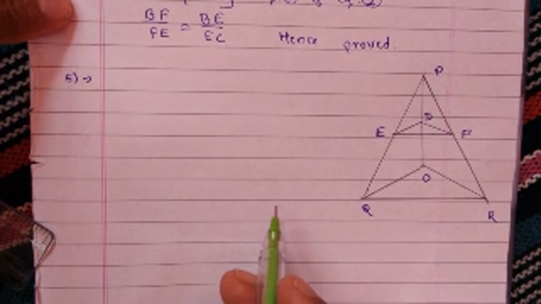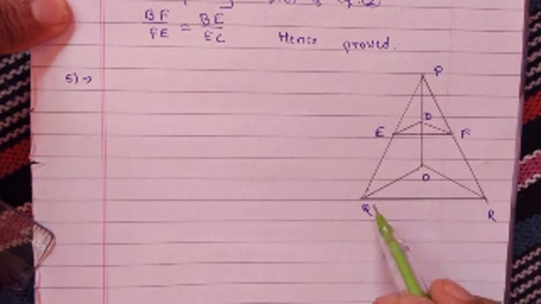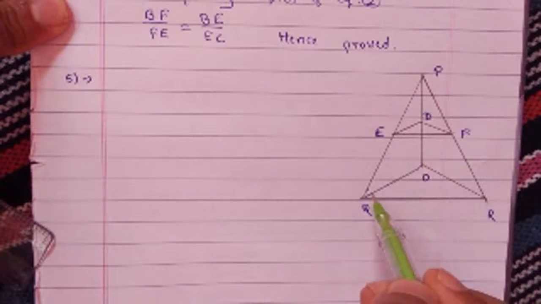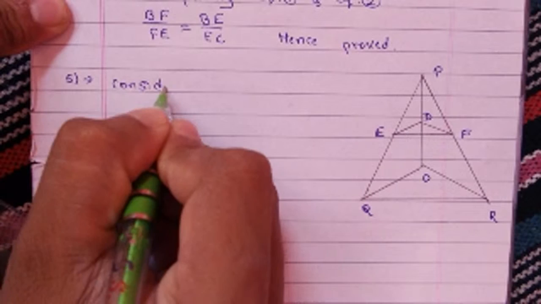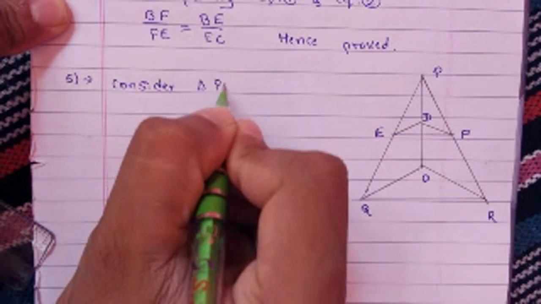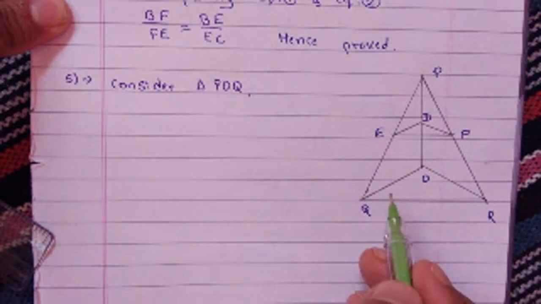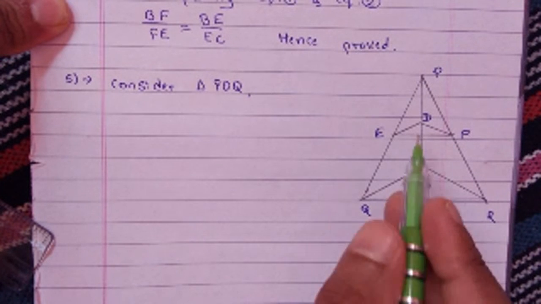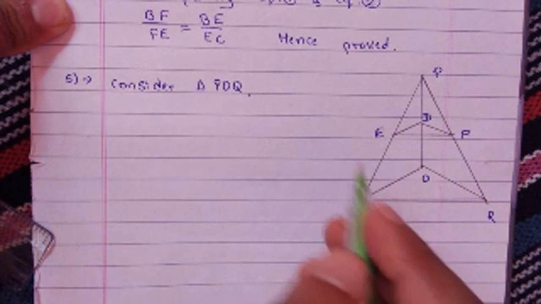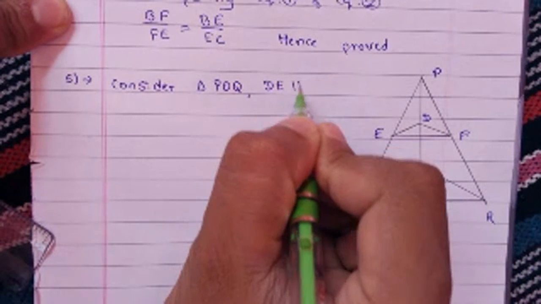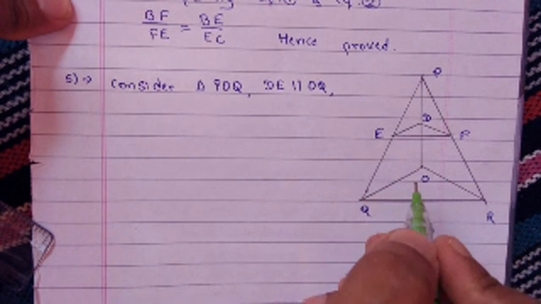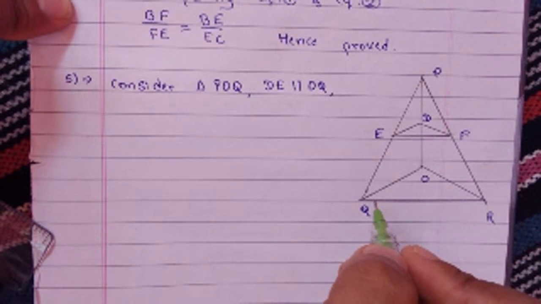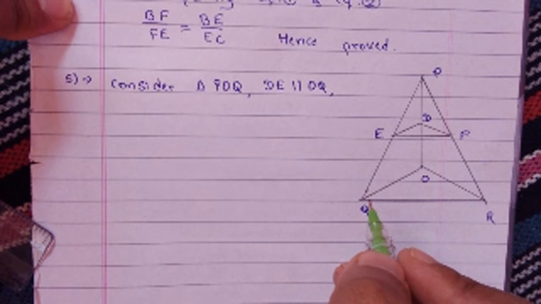Okay, for that first I will consider triangle POQ. In this, which are the two parallel sides? DE is parallel to OQ. This is the given. Now, when these two are parallel to each other, we have to apply Thales theorem.